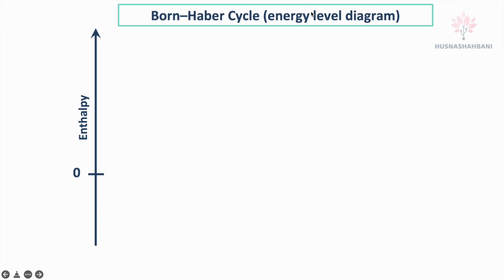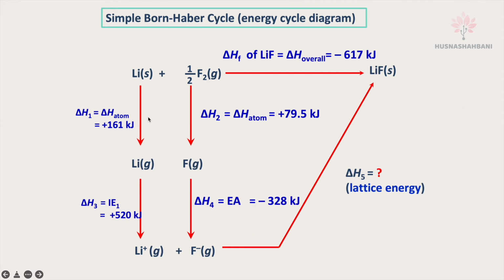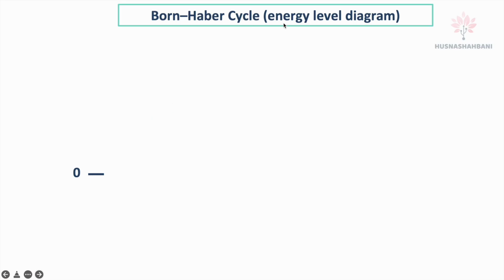That is the difference between energy level and energy cycle. Energy cycle does not have the y-axis or x-axis, but energy level has y-axis and it is enthalpy. And mark 0, this is when the enthalpy equals 0. We start with the formation.